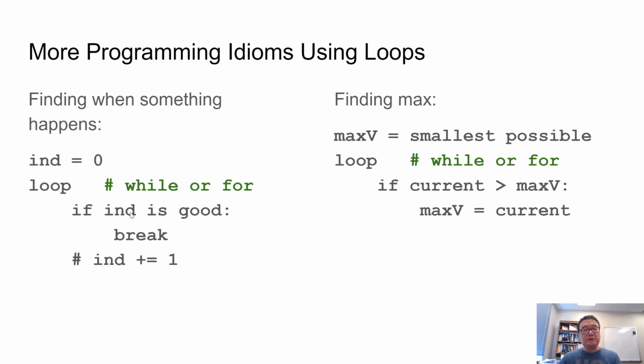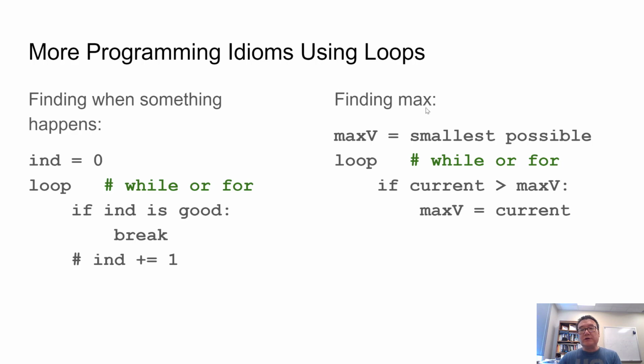Again, here I'm using a little bit of pseudocode. So this condition is not actually Python code. It just means that if this is something we are looking for, then we can break. We exit the loop, and whatever the index value stores will be the one we want. And of course, if we are using a for loop, then this variable inside the for is not assigned once we exit the loop. So we need to record that information if needed.